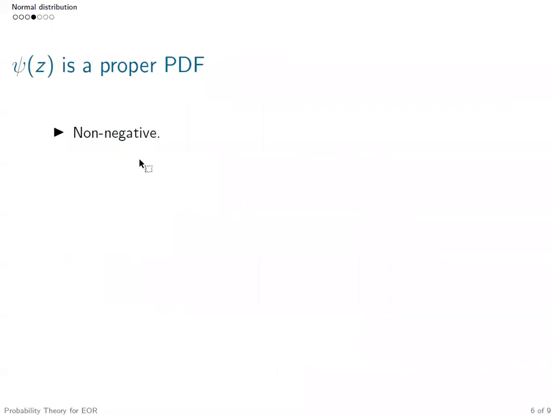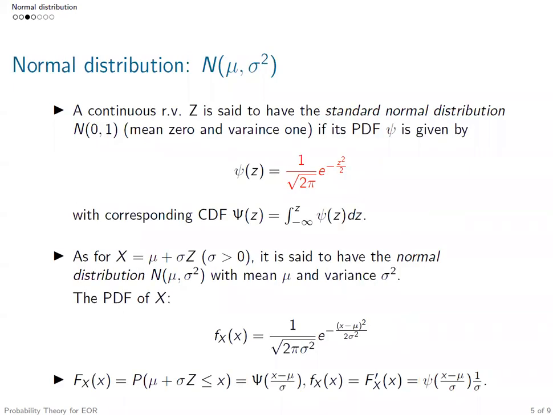It looks very complicated, the phi function, right? But it is a proper PDF. If we take a look at the function here, it's an exponential function, so it's always non-negative. It's actually always positive over the whole real line.